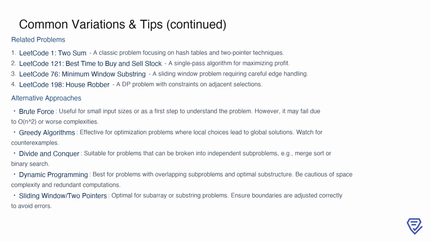Divide and conquer is useful for breaking problems into independent subproblems, such as with merge sort or binary search. Dynamic programming is ideal for problems with overlapping subproblems and optimal substructure, though you should watch out for space complexity or redundant computations. Finally, sliding window and two-pointer techniques are especially effective for subarray or substring problems, but be careful to adjust boundaries correctly to avoid errors.